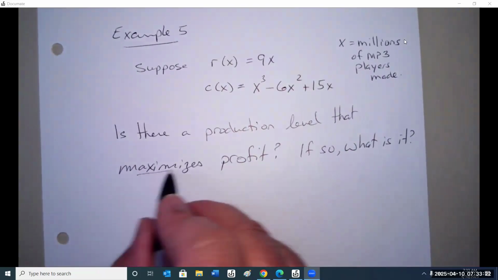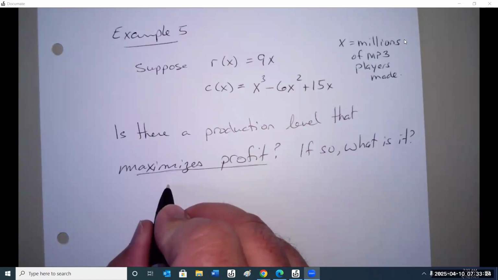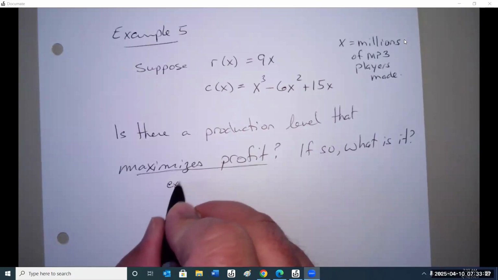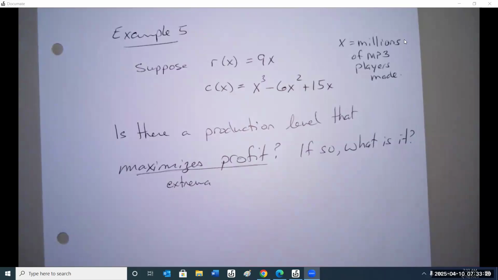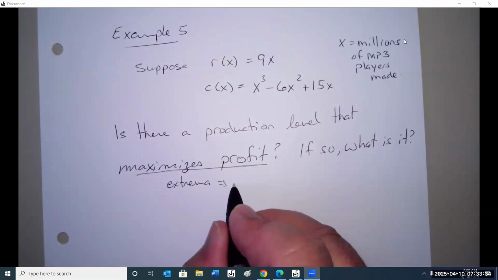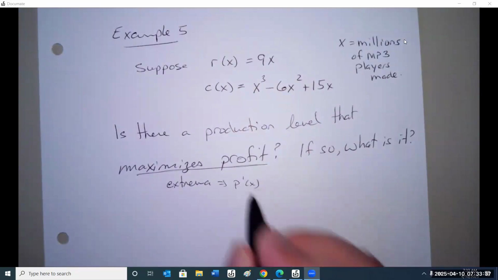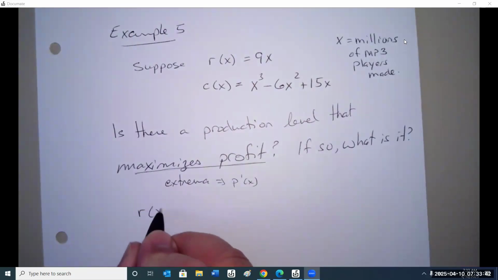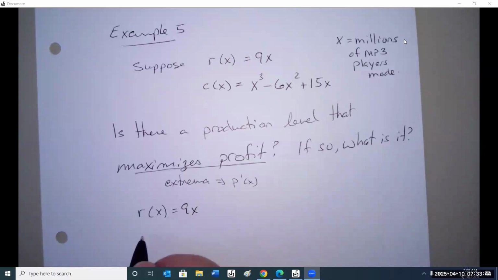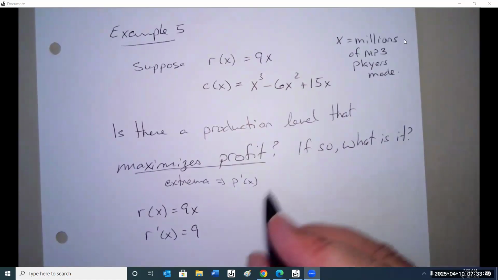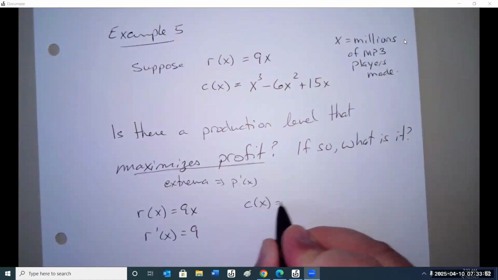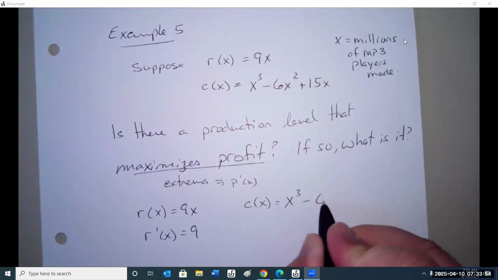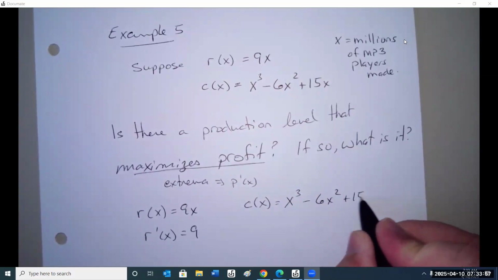So we're looking at maximizing profit. Remember, maximizing is an extrema. Since it's an extrema, we have to find the first derivative. So we have R of x is equal to 9x. So the marginal revenue is 9. The cost is x cubed minus 6x squared plus 15x.